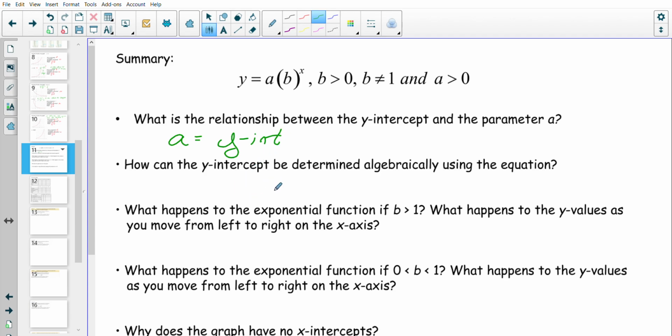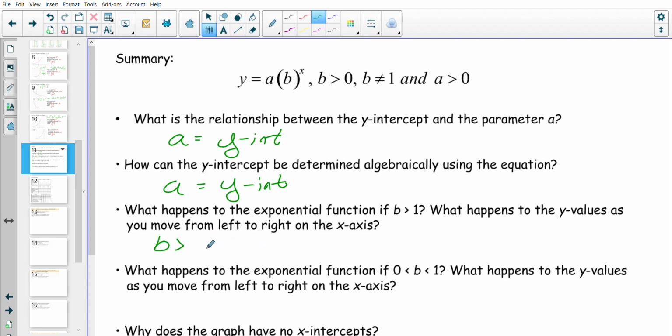How can the y-intercept be determined algebraically using the equation? Just a is equal to the y-intercept. What happens to the exponential function if b is greater than 1? What happens to y values as you move from left to right?